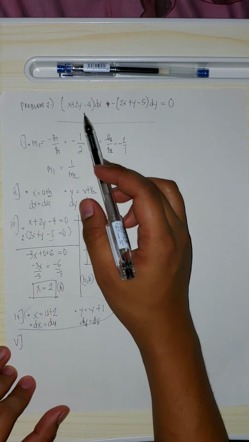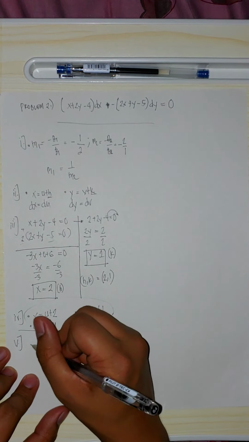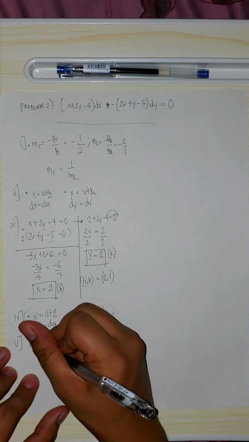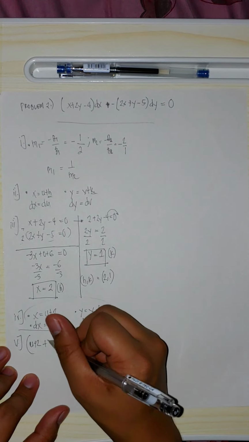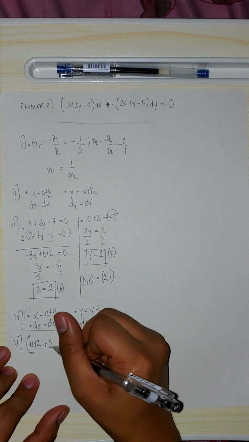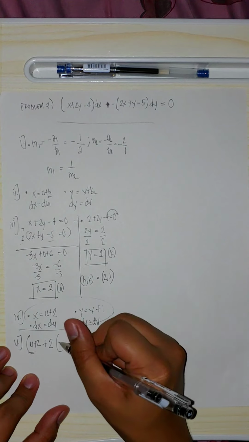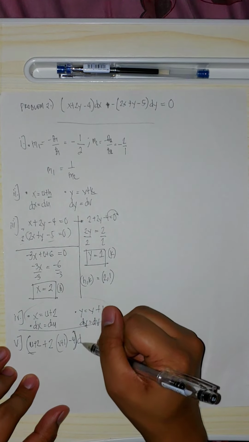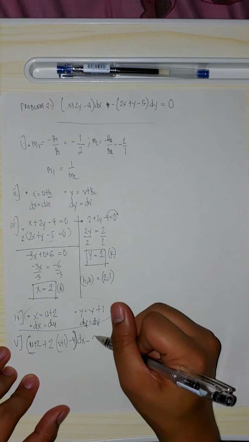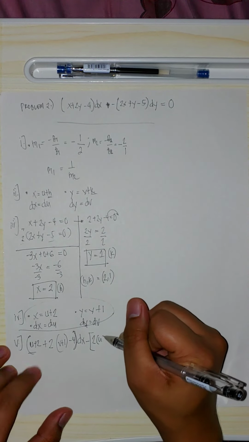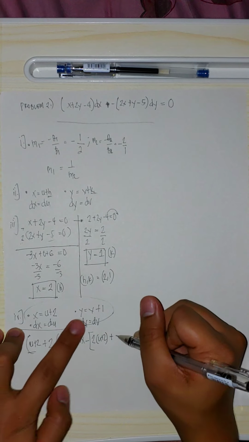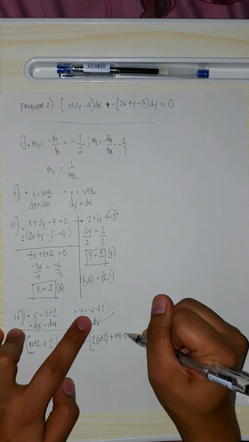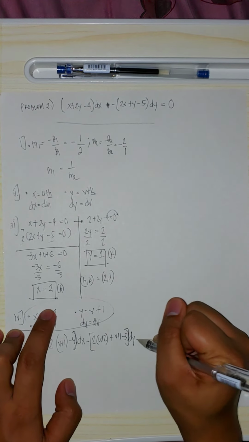We have x plus 2y, so x is u plus 2. We have u plus 2 plus 2 times v plus 1 minus 4 dx minus 2 times u plus 2 plus y, which is v plus 1, minus 5 dy equals 0.